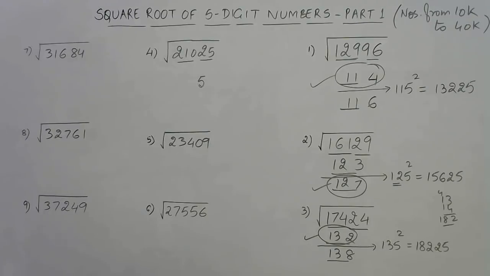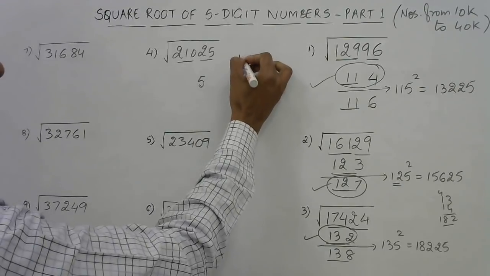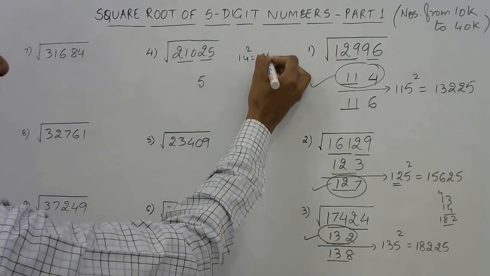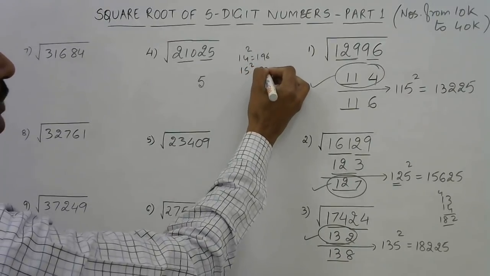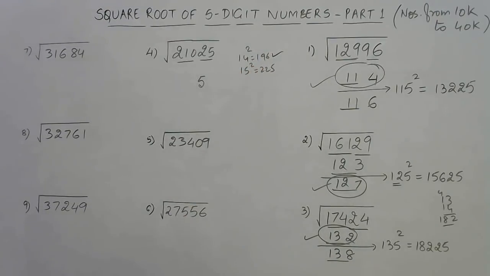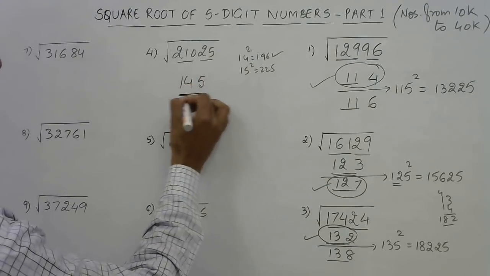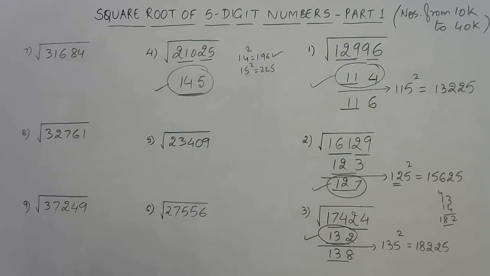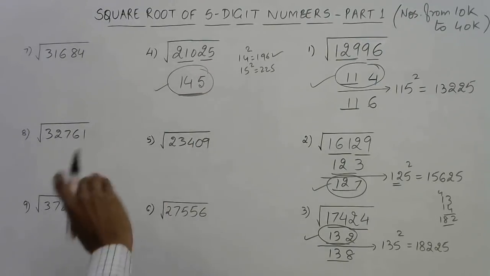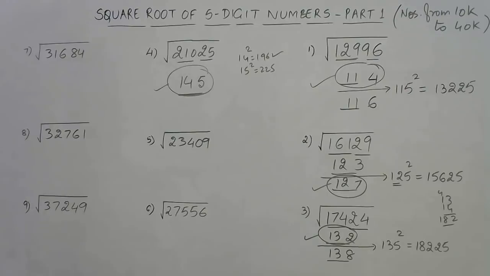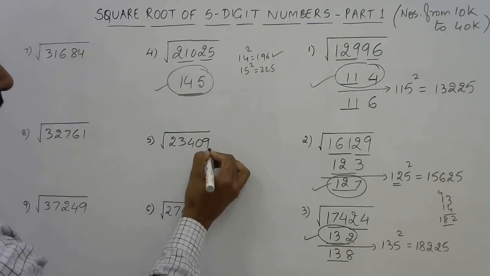It is 14 square, 196, because 14 square is 196 and 15 square is above that, 225. So we have to take the smaller one. So 14 is the balance part, thereby giving you the answer 145. Only one option in this case. So for all numbers ending with 5, the square root can be found out virtually orally.